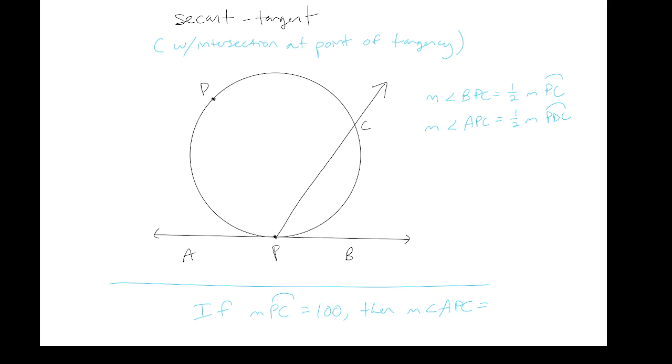BPC is going to be a 50-degree angle, correct? Because it's going to be 1/2 of that arc. And remember, what do I have here with the obtuse and the acute angle? I have a linear pair, right? A pair of angles formed off of a line. Linear pairs are supplementary. So if I have a 50-degree angle, its supplement is going to be 130 degrees. And that would be the answer there.